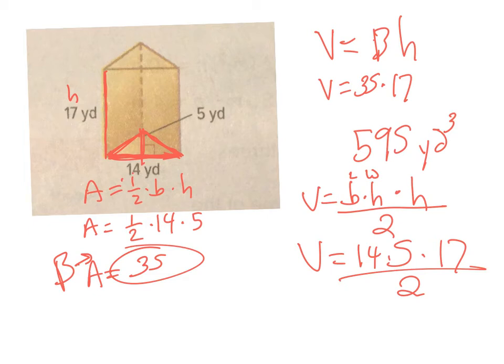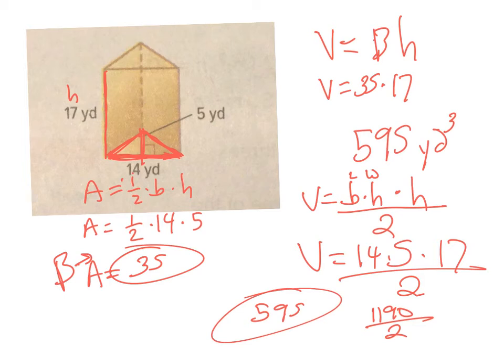Let's see if that gets the same thing. 14 times 5 times 17 gets me 1,190 over 2, and I divide that by 2, and it's 595. And it's yards cubed. So you could do volume equals length times width times height and divide that by 2.